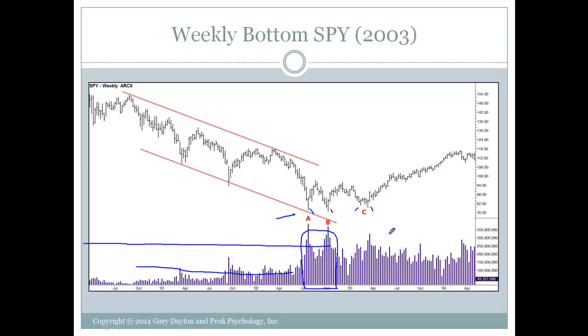We don't actually have a sign of strength in here yet. We do on the daily chart, we'll see that, but on the weekly we really don't. That doesn't come in until really into here on the weekly chart.